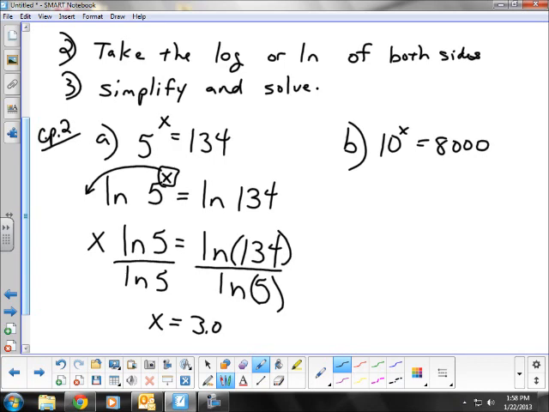Does it round to 3.04? Okay, good deal. It does say find the solution set and use a calculator to obtain a decimal approximation to 2 decimal places. So that's as far as we need to go.